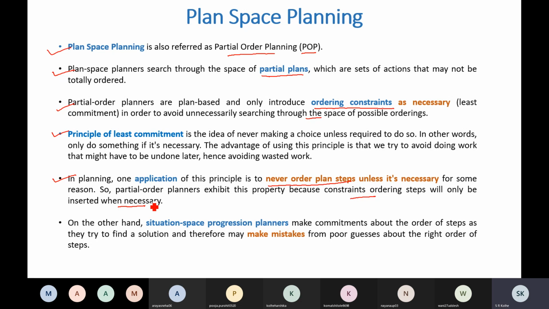So this is something like the least commitment principle. I have followed the least commitment principle here. I am not committed to a certain set of steps. I change things depending upon the situation. It is not always necessary.